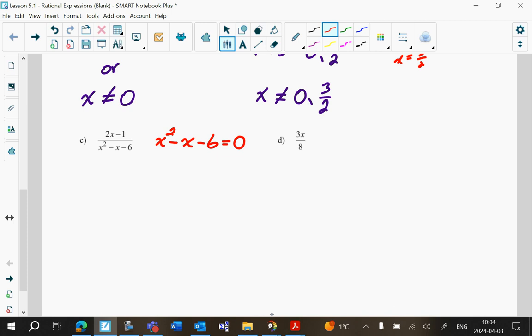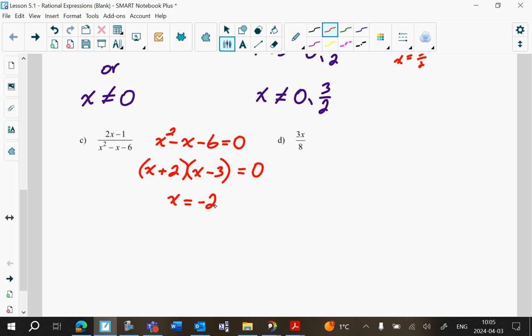So I have to factor. This is a trinomial. Everybody got it? X plus 2, x minus 3. So therefore, x could be -2, because that would make the first factor 0.